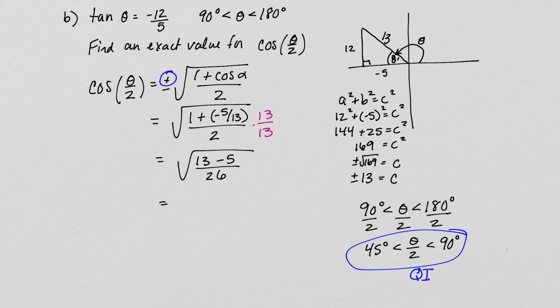And then 13 minus 5 is 8. So we have the square root of 8 over 26. And I can reduce that to the square root of 4 over 13. But remember, we know the square root of 4 is 2. So this is going to be 2 over the square root of 13. That's pretty much all there is to this objective.